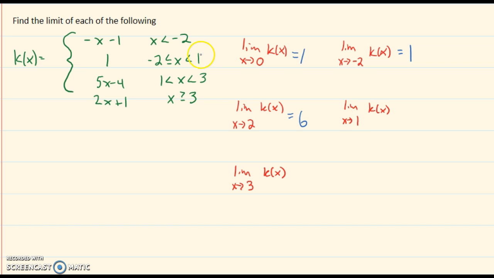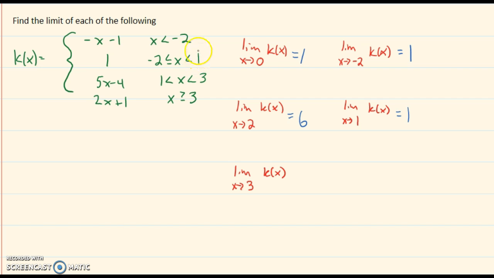When I go to 1, the left piece would be this one here, and the right piece would be this one here. So the left, when I plug in 1, I get 1, the constant function. From the right, when I plug in 1, I get 5 times 1, which is 5, take away 4. I get 1 again. So the limit is 1. And here's where it gets a little bit strange.